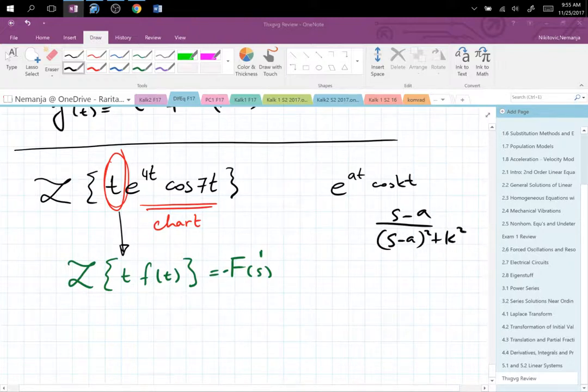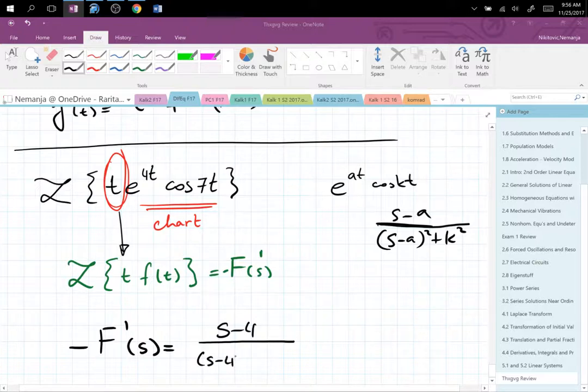You see, so the chart gives you that, and at that point you know that F of s is s minus 4 divided by s minus 4 squared plus 49. See that? Yeah.